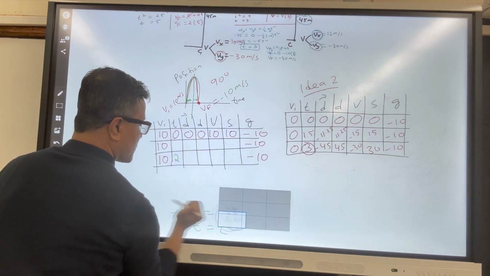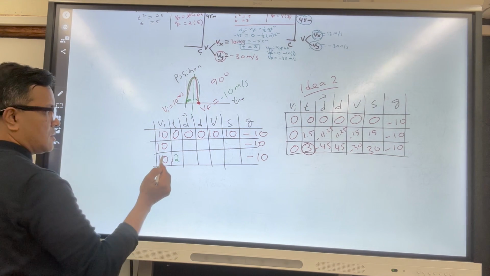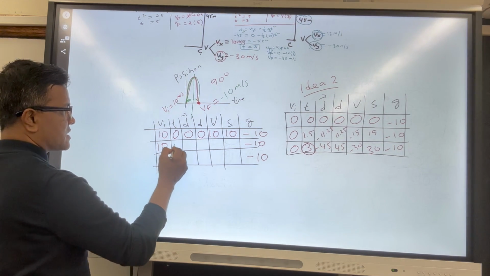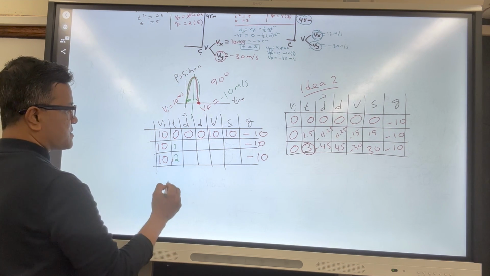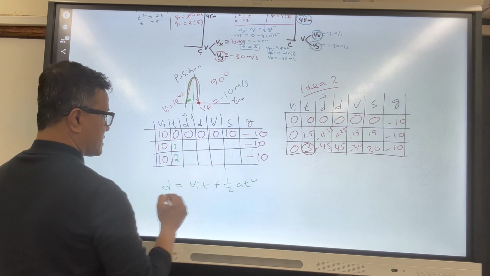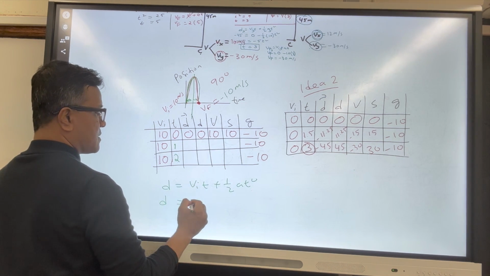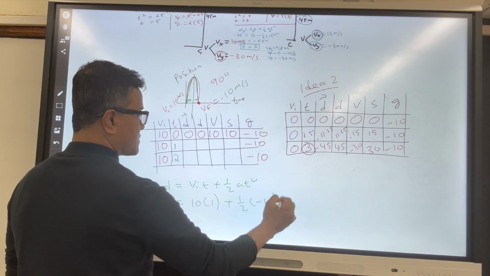And we try to understand what is happening, how the ball behaves, the location of the ball, information about the ball when the time is 1 second. When time is 1 second, displacement is, all right, initial velocity is 10 times 1 plus half times negative 10 times 1 squared.